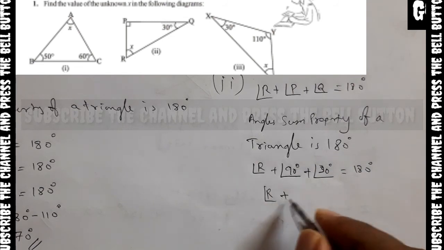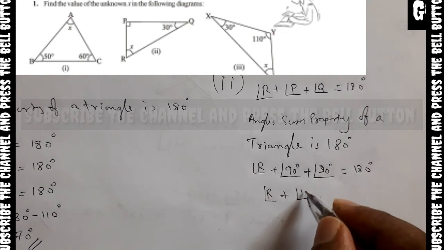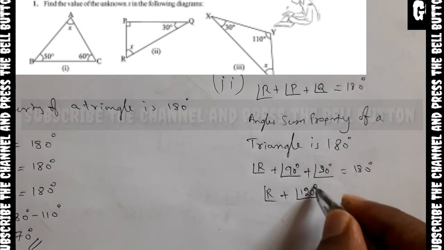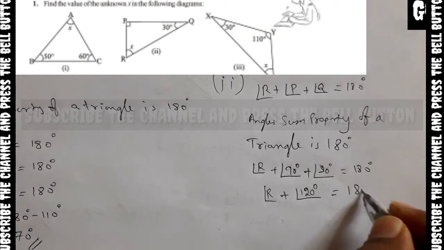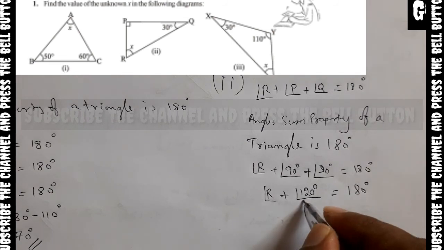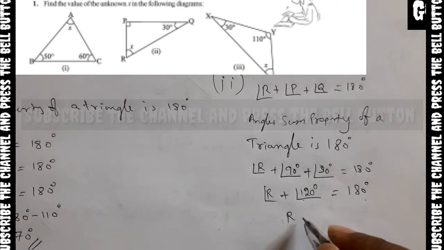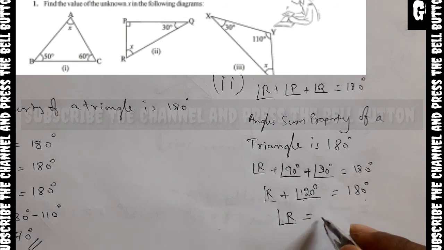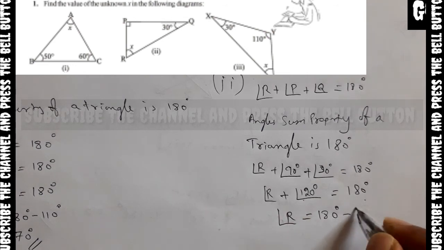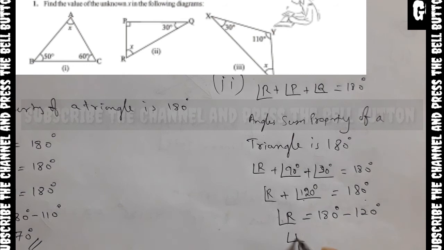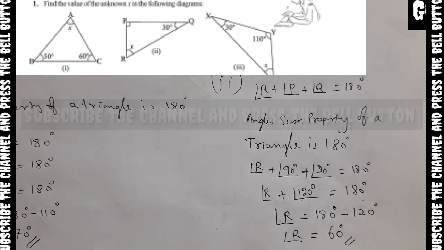Angle R plus 120 degrees is equal to 180 degrees. Moving to the right hand side, angle R is equal to 180 degrees minus 120 degrees. Angle R is equal to 60 degrees. This is the answer.